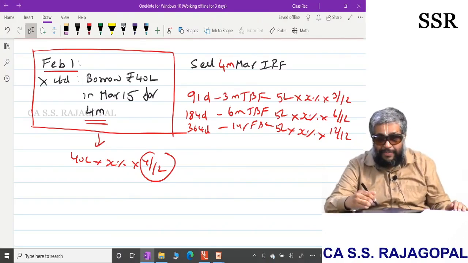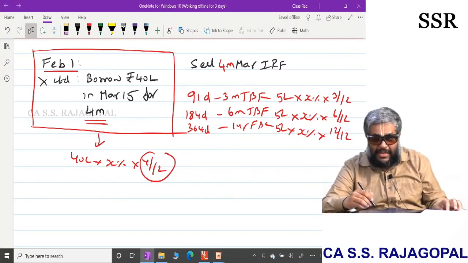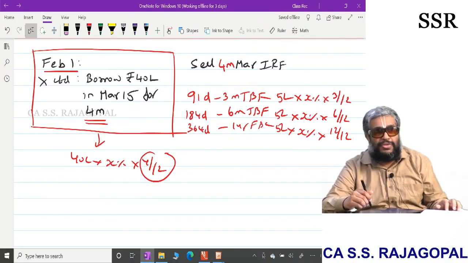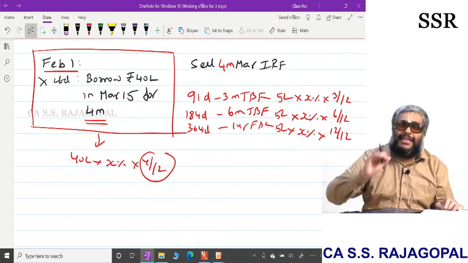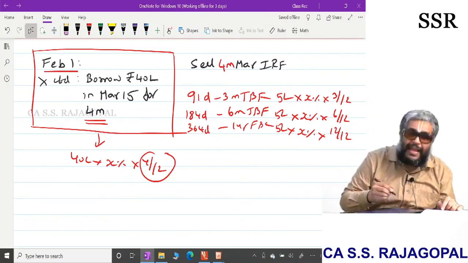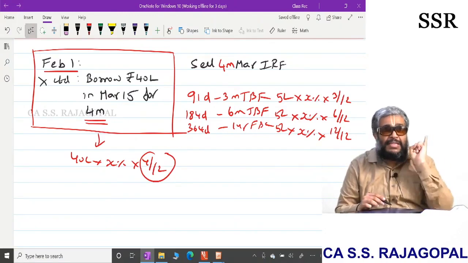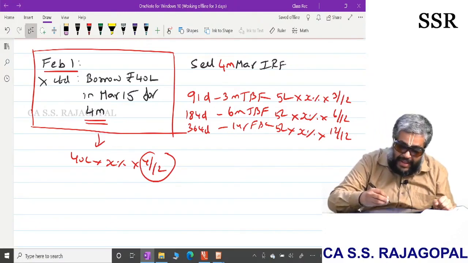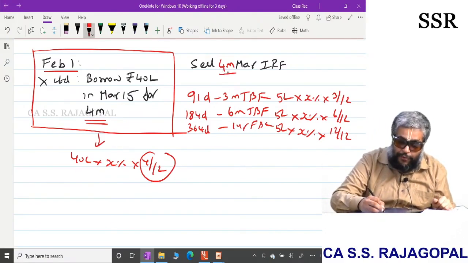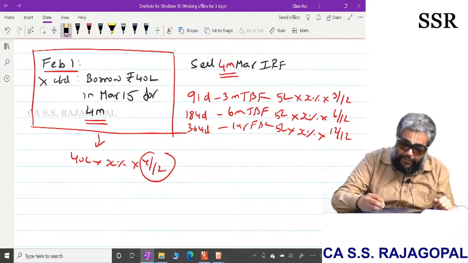In that case, I have to go for either a 3 months futures or a 6 months futures, but I have to hedge a 4 months interest. Understand what I'm saying? What I have to hedge is a 4 months interest amount. I have to hedge using 4 months futures, but unfortunately, there is no 4 months futures.